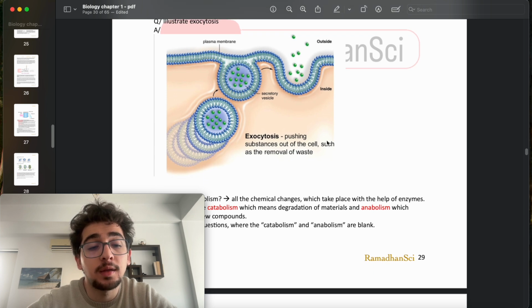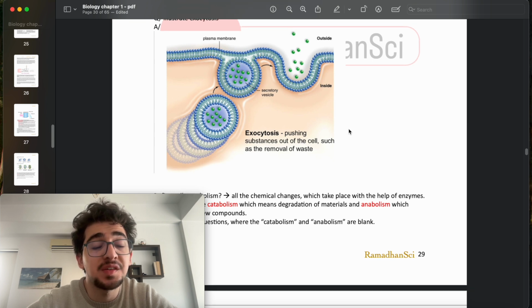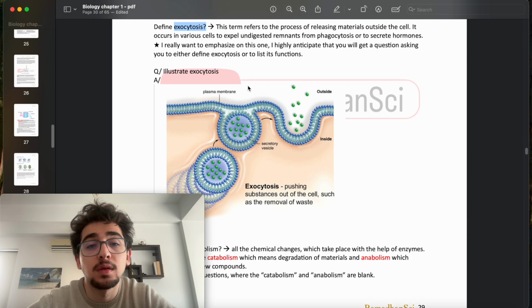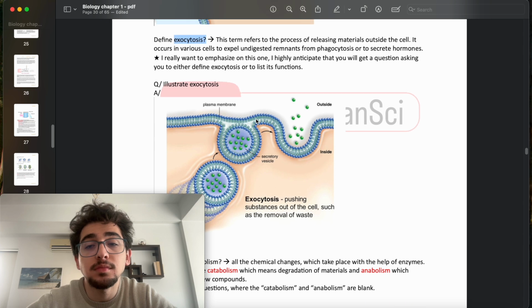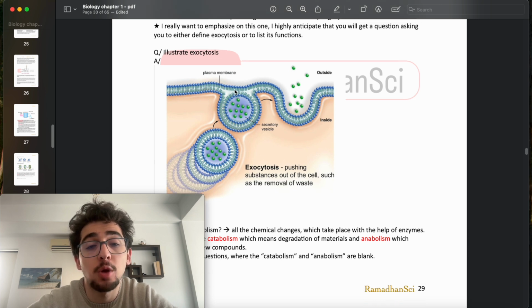This happens when we have undigested food particles and we just want to get them out. This is also a mechanism of gland cells to secrete some hormones. It's by exocytosis.